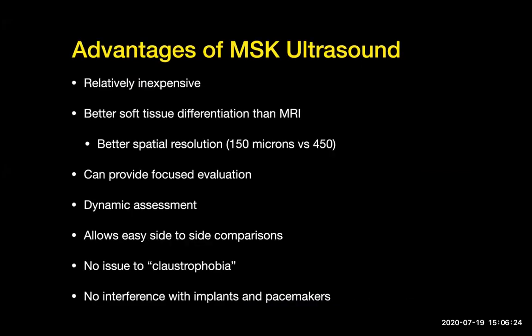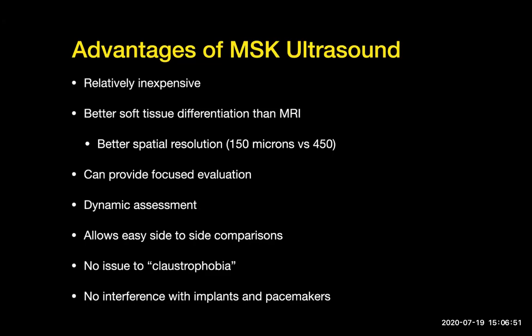And then, of course, other advantages are that it's relatively inexpensive. It has better soft tissue differentiation than MRI, better spatial resolution, and can provide focused evaluation. So if we know exactly where the problem is, then we can actually see anatomic changes that can explain why patients are suffering what they're suffering.